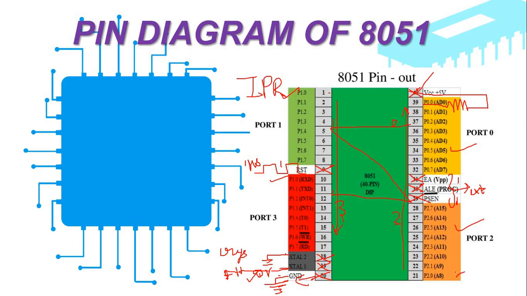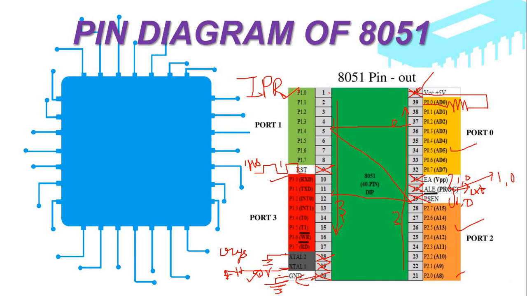So whenever it is carrying address buses, at that time this address latch enable will be in a high state 1, otherwise it will be in a low state 0. For program store enable and external access enable, if I am not accessing any data externally, it will be 0. That is, it is performing only internal operations. This will be in a low state, active low state 0.